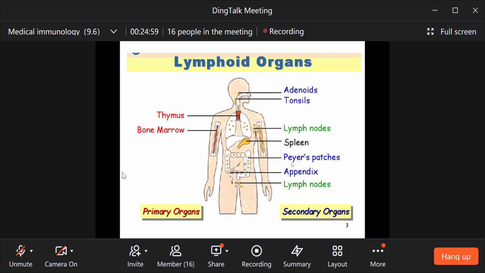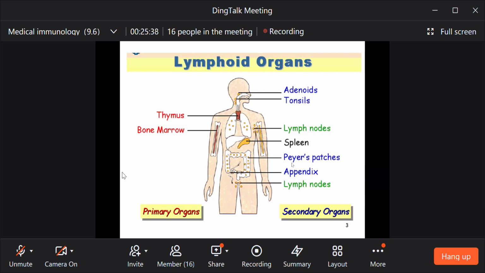The primary organs, including bone marrow and thymus, are the site of lymphocyte genesis and the development of the lymphocyte. And the secondary organs include several kinds of organs or tissues, which are the site of lymphocyte settlement and immune response.